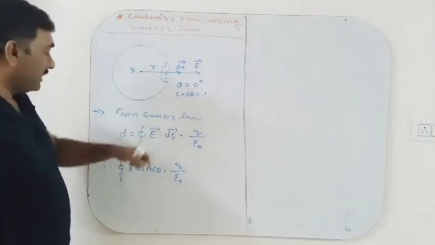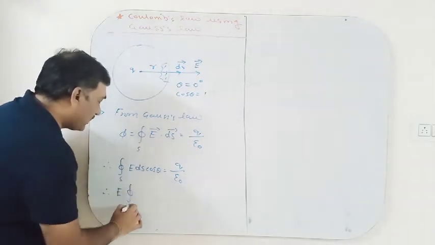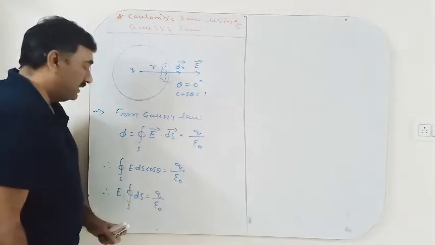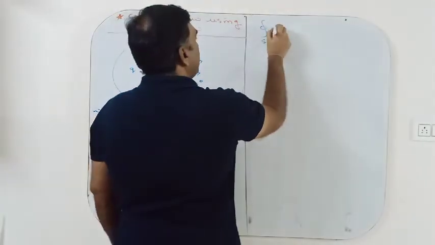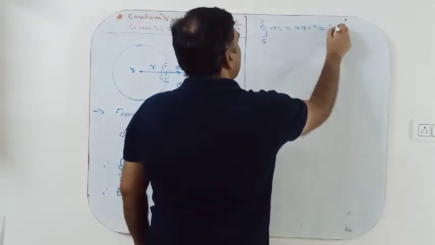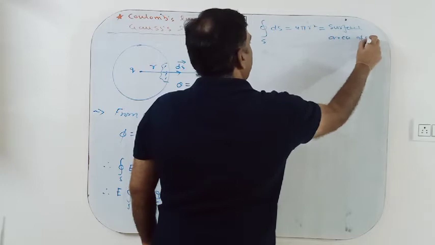The value of cos theta is 1, so the electric field times the surface integration of ds becomes q upon epsilon 0. And in the last topic you also learned that the closed integration of ds is equal to 4 pi r square, the surface area of a sphere.